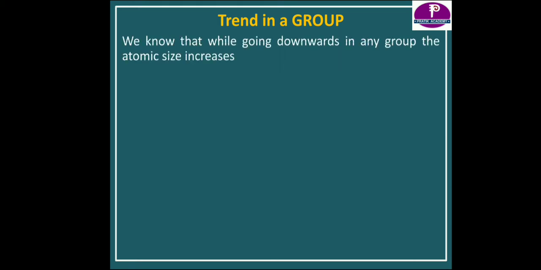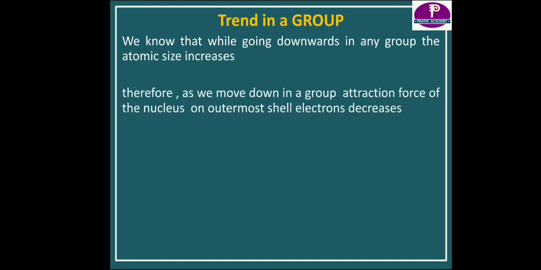So we know that while going down in any group, atomic size increases, that we have discussed earlier. Therefore when we go down in any group, the force of attraction exerted by the nucleus on the outermost shell electrons will decrease because the distance is increasing.